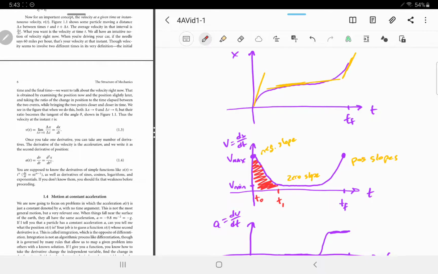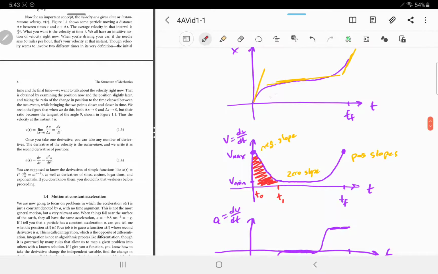What that area is exactly is the delta x from t naught to t1. So see how t1 you get up to right here, x1, and then you start off at x0. So this is delta x right here, x1 minus x naught. X naught was right at 0 because we started right there. So this value delta x is related to the area under the curve. See how the area is just a little bit right here? That corresponds to a tiny delta x as we go from t1 to, say, this point right here.